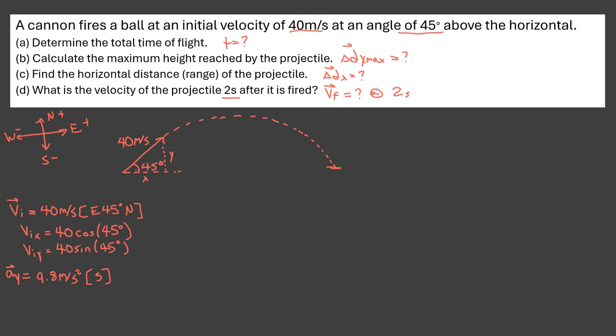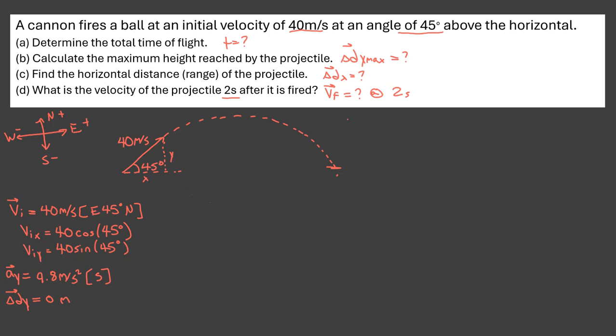Unlike other examples where the ball might land on an elevated surface, or it might be launched off of a cliff and then land below the cliff, in this case it's being launched from our ground and then landing back on that same reference point where our ground is. So I can therefore specify that my displacement in the y is actually 0 meters. So that'll be some useful information for us when we go to solve the rest of our problem.